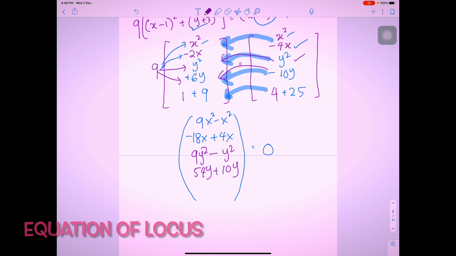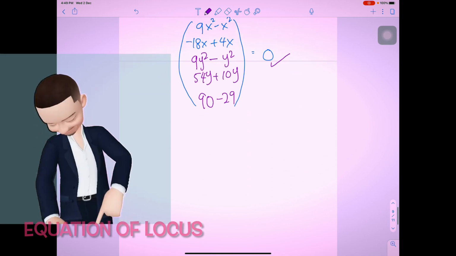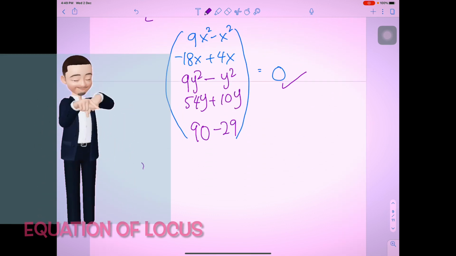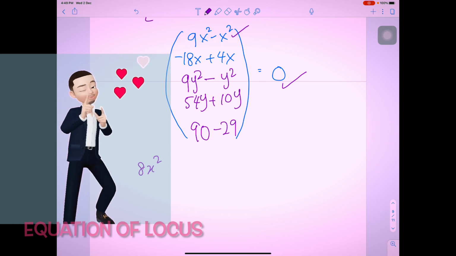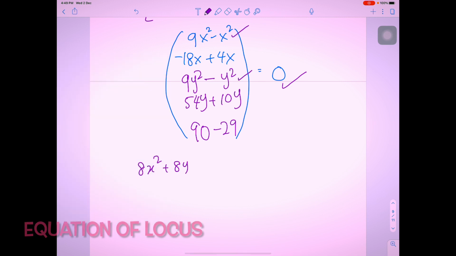And then 10 times 9, 90, 25 plus 4, 29, minus 29 equals 0, and then simplify. So we simplify: 8x squared, and then plus 8y squared, and minus 14x, and then plus 64y, and then 90 minus 29, plus 61 equals 0.